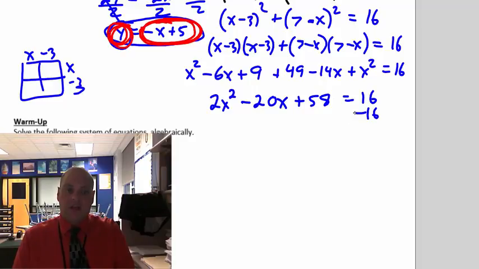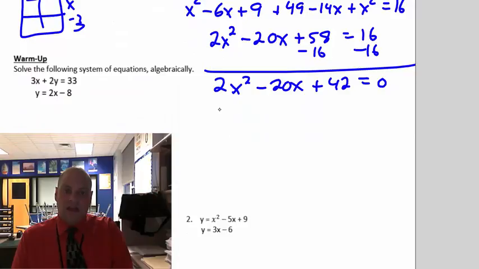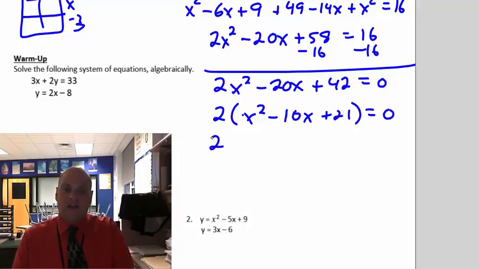We're going to get it equal to 0. We're solving here. 2x squared minus 20x plus 42 equals 0. Now I'm factoring. I could take out a 2. I could factor more.